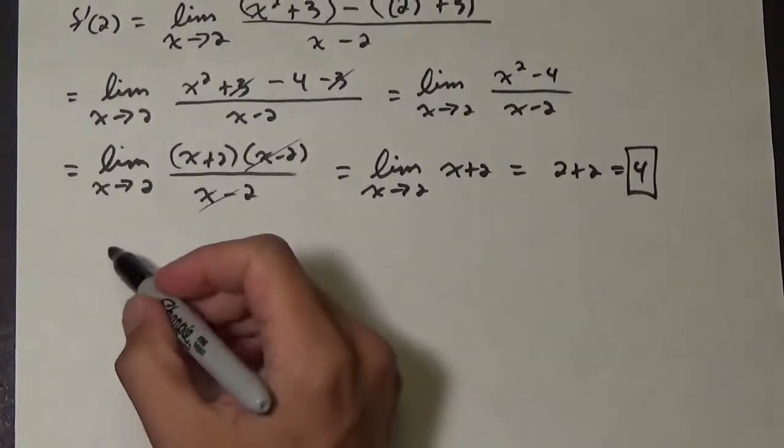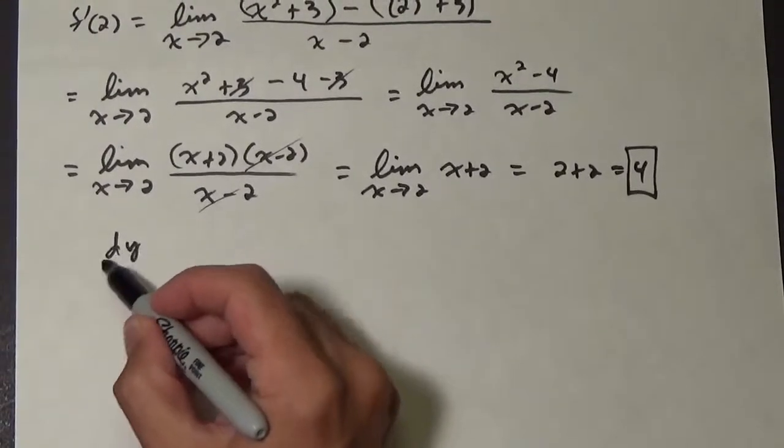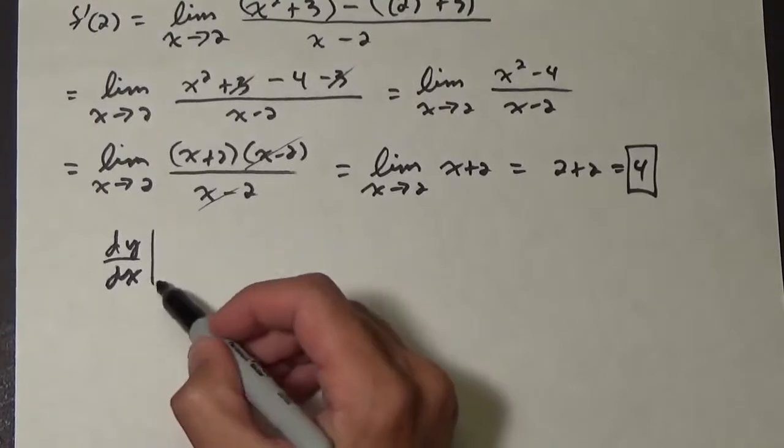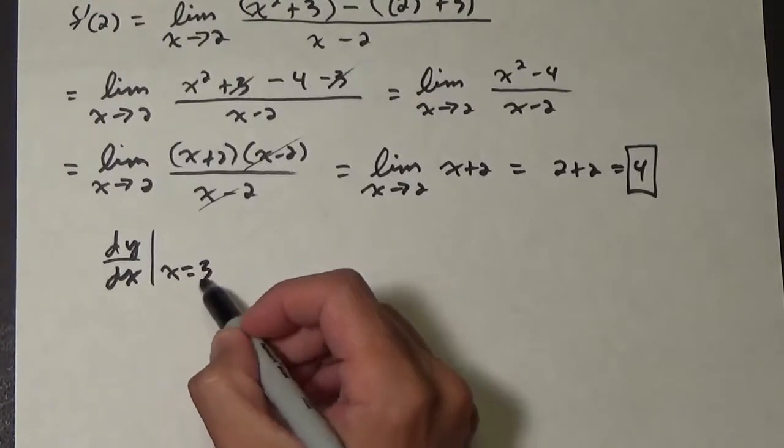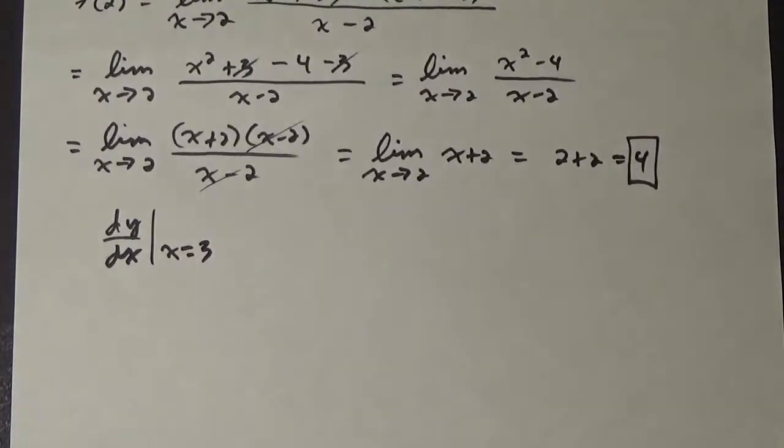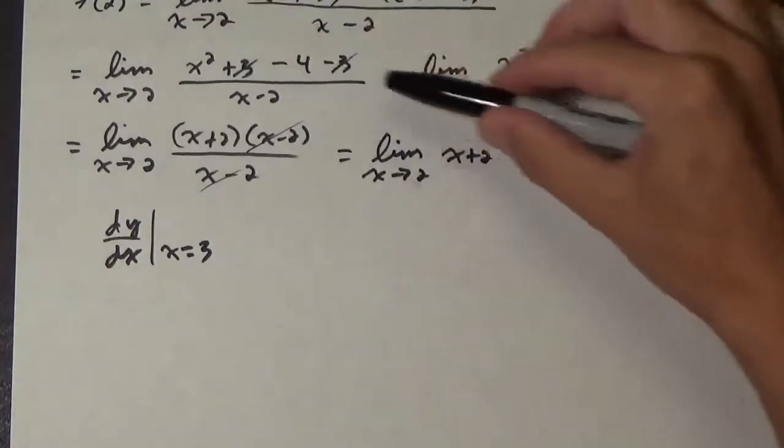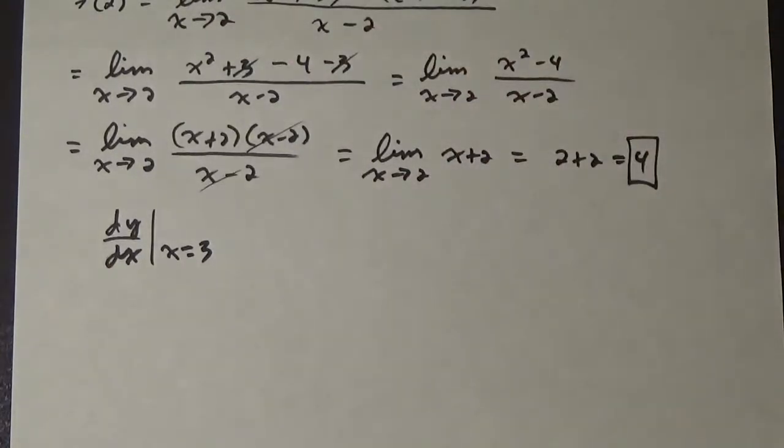So if you were asked, well, now find the derivative with respect to x at x equals 3, at that point, we would have to go through the whole process again. So the other form of the derivative is a lot better, because once you have the equation, then you can substitute in any value and get that slope of the tangent line.